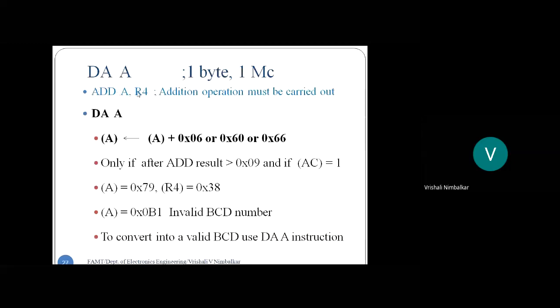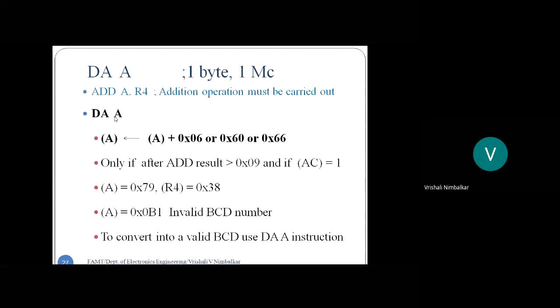But as a programmer, I know I have put BCD numbers, so I expect the answer should also be a BCD number. Microcontroller does not understand this. So ADD will have a binary result. DAA will convert that into BCD, and that too into valid BCD. DAA will give you a valid BCD number.